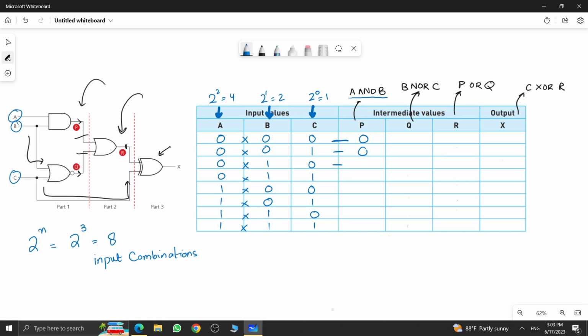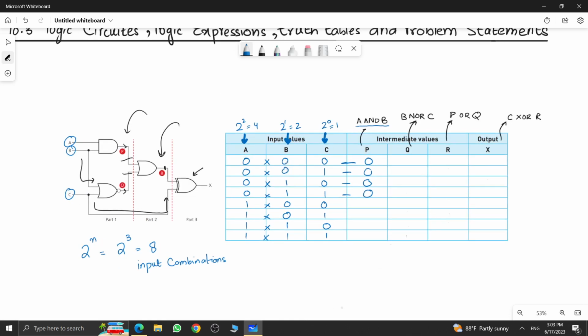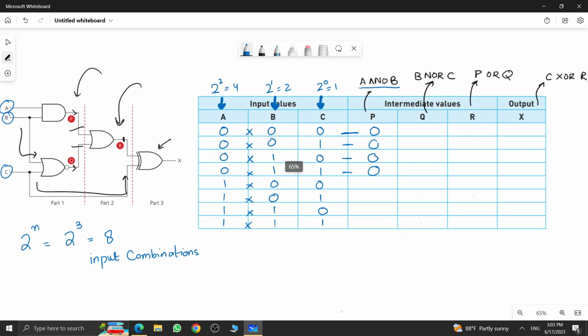The next column, A and B, is 0 and 1. So multiply 0 and 1, we will get 0. Next we have again 0 and 1 in the fourth column. 0 into 1 is 0. Write down 0 in P again. Okay. Next we have 1 for A and 0 for B. So 1 into 0 is 0.